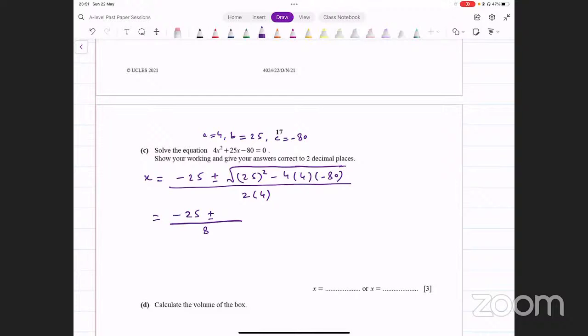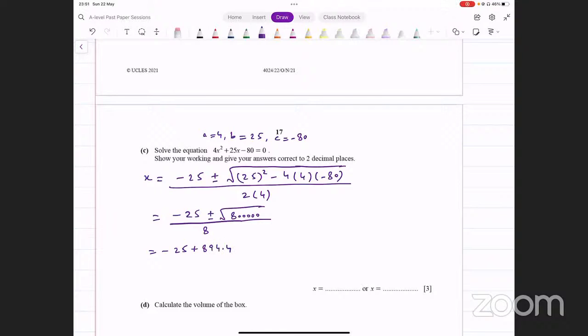That's 800,000 inside the square root. And that gives me minus 25 plus square root of 800,000, that is 894.4.